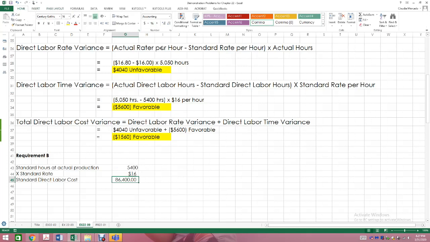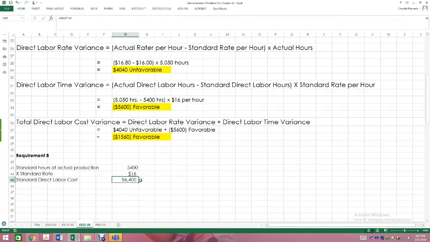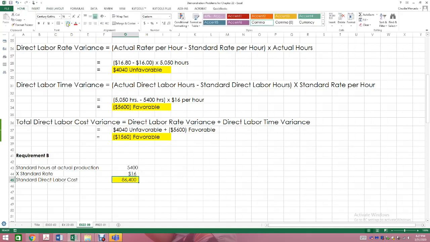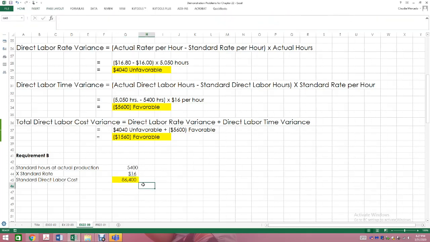That is the amount that we should be debiting to work in process. It's your standard hours at actual production times your standard rate, and that gives you your standard direct labor cost of $86,400.